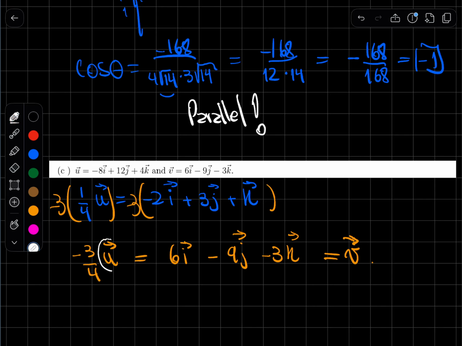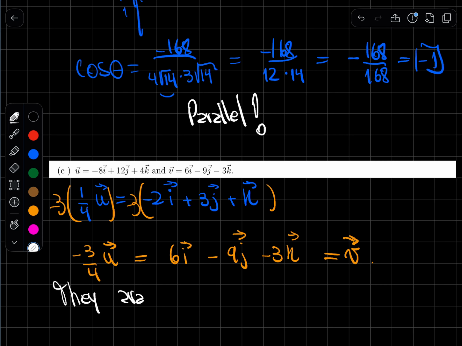So that means you take vector u, multiply by some negative number. So you multiply by 1/4, you just shrink the vector, take a quarter of its length, and then multiply by negative 3, so you reverse the direction of the vector, and triple its length, so they are parallel.